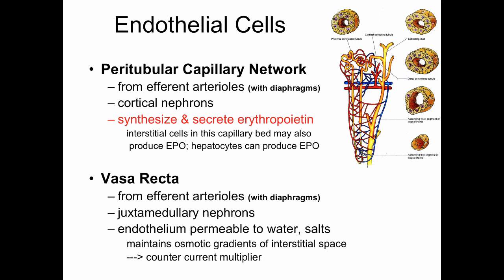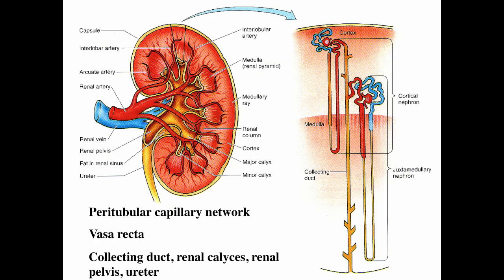These endothelium help to maintain the osmotic gradients of the interstitial space, and they play a role in countercurrent multiplier effects that you'll learn about in physiology. Peritubular capillaries surround the short-looped nephrons. The vasa recta surround the long-looped nephrons.